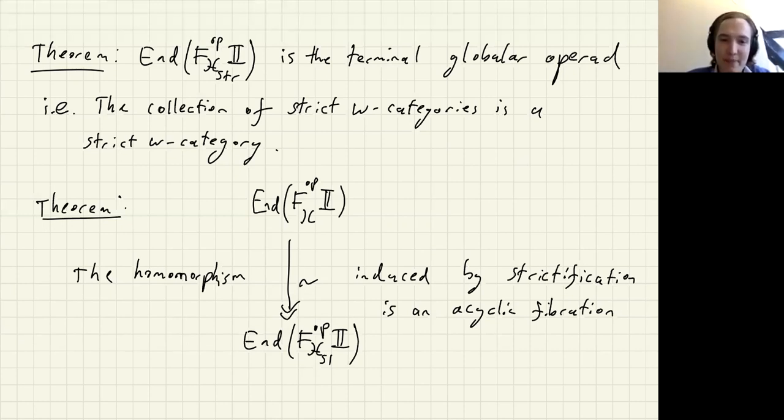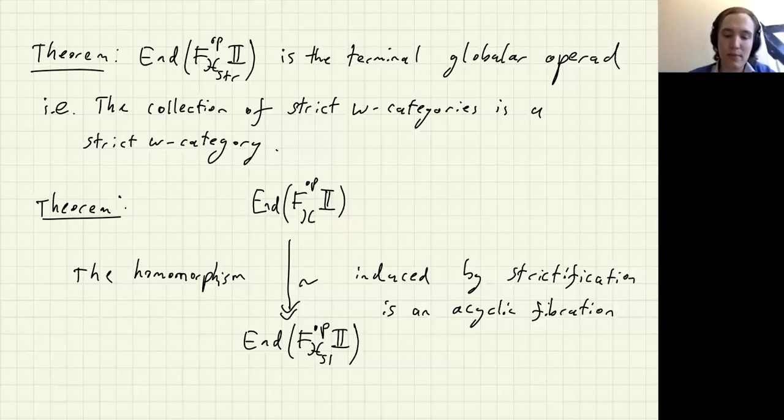So we have well-behaved things inside the globular multicategory, and because they're well-behaved, we can combine them and get this nice homotopy theoretic property outside that says that the theory of arrows in a globular multicategory with weak homomorphisms projects down by strictification into the theory of arrows with strict homomorphisms, and that is an acyclic fibration.